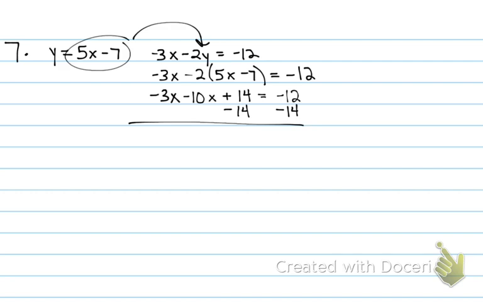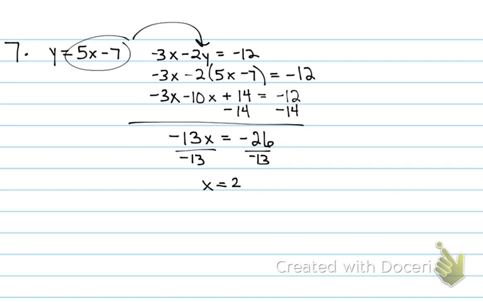Very good, to make negative 13x equals negative 26. I love it when it starts working out like this. What would I do next, Shantanique? What's my next step to solve for x? Ethan? Divide by negative 13. Very good. Divide both sides by negative 13.